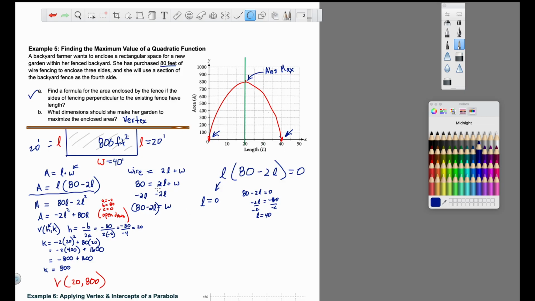Okay, we've answered the question. So what dimensions does she need to make to maximize her enclosed garden?